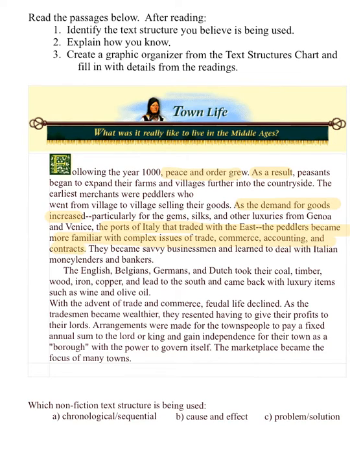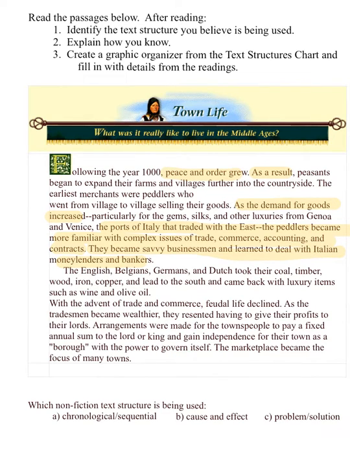So as people needed or demanded more goods, these peddlers became more sophisticated. They were dealing in much higher level trade. They became savvy businessmen and learned to deal with Italian moneylenders. The English, Belgians, Germans, and Dutch took their coal, timber, wood, iron, copper, and lead to the south, and then they came back with luxury items such as wine and olive oil.